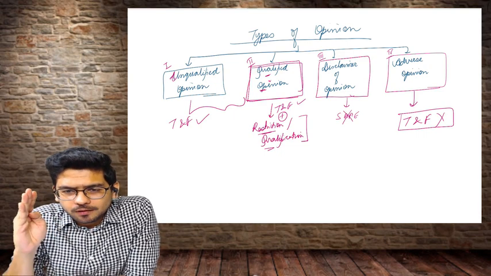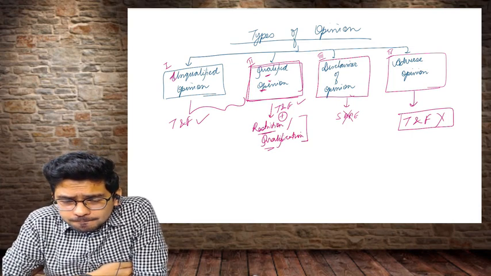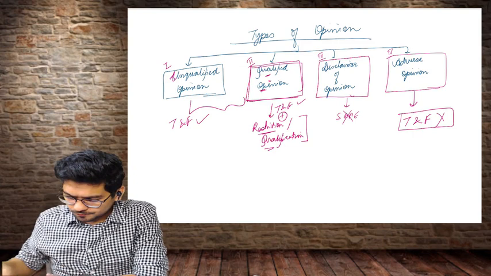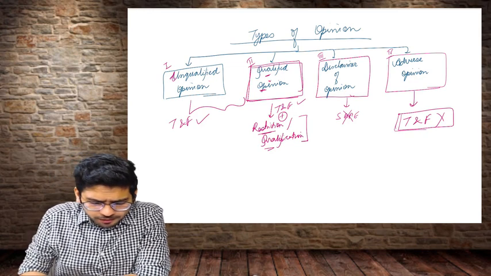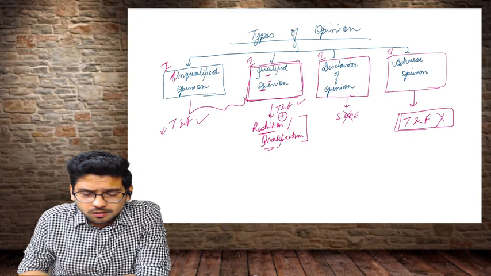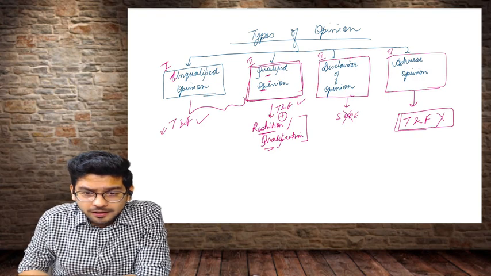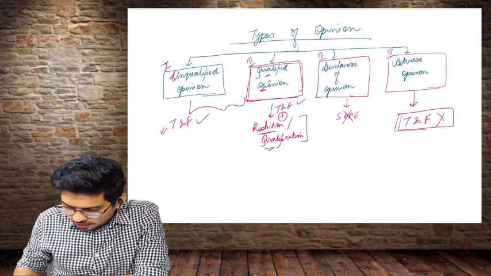These are the four. Yes, Sitaram, please tell me. Unqualified means everything is correct, true and fair view. Can he escape? Okay.